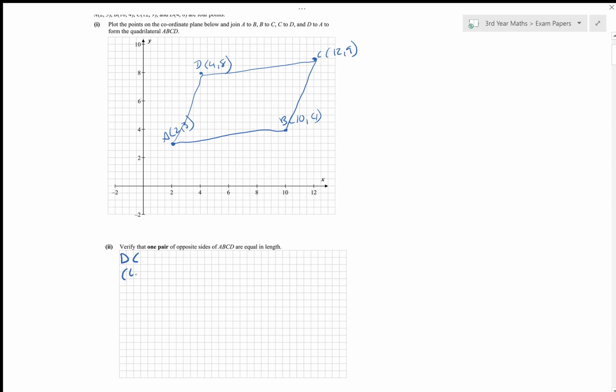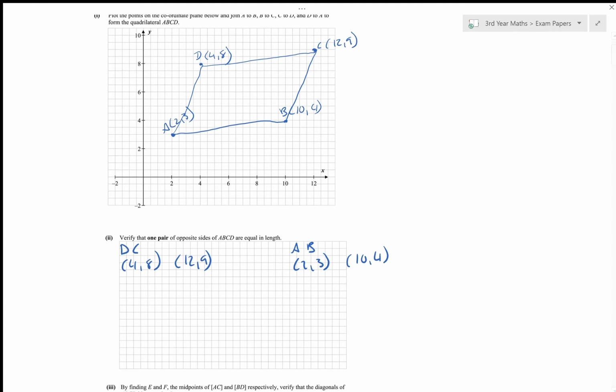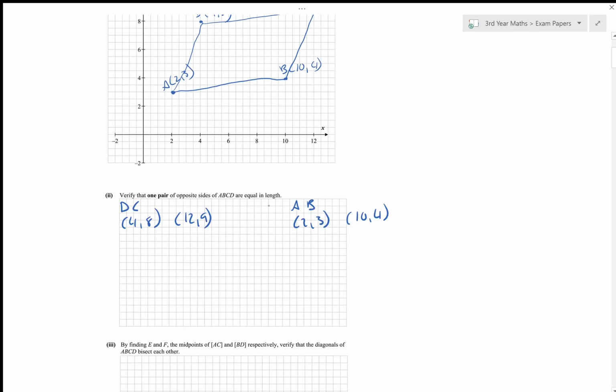So that's 4 and 8 and 12 and 9 for DC, and for AB, we've got 2 and 3 and 10 and 4. So I'm going to prove that the opposite sides are equal in length. When you see length, you should be thinking the length or distance formula that is on page 18 of your log tables. Always write down the formula because you get marks for writing formulae.